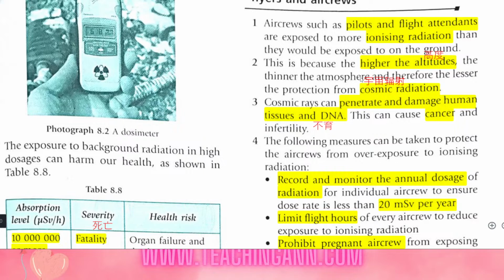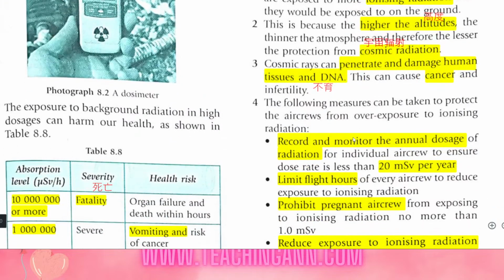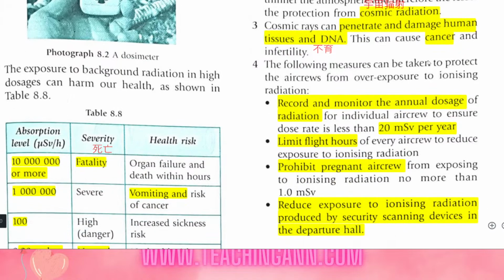You cannot see it, but it will penetrate your tissue and then your DNA. The worst is it can cause cancer and infertility. You know what infertility is, right? You cannot give birth to a baby anymore. It kills your son and daughter and also grandchildren all in one go.